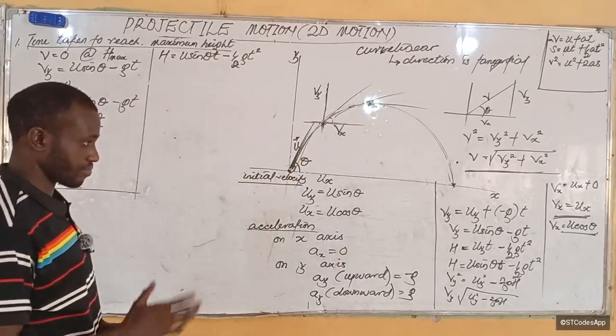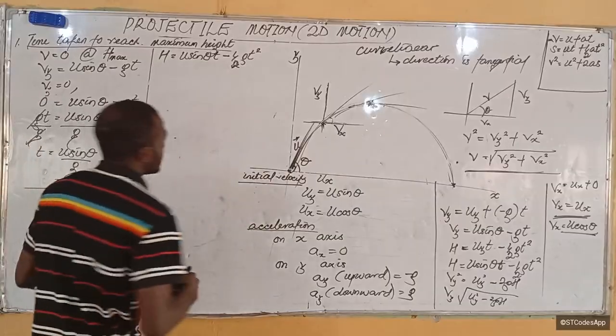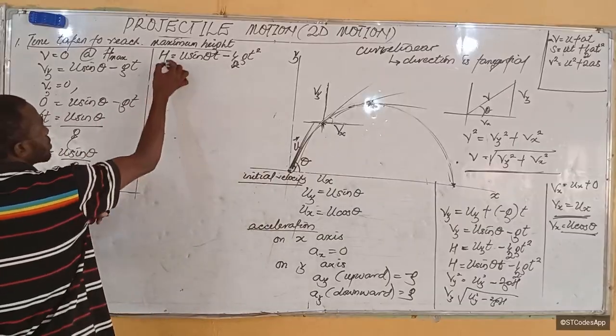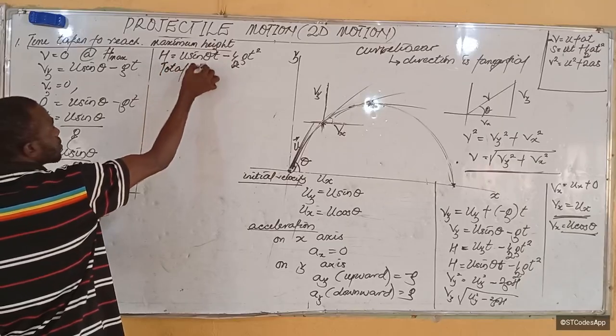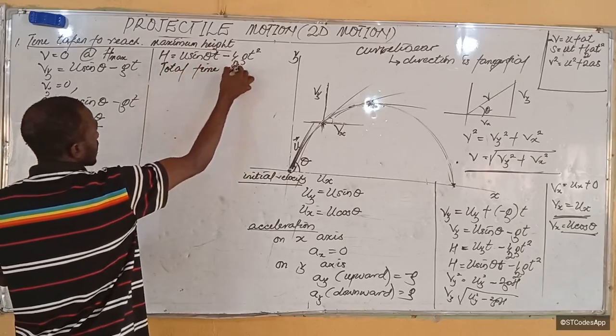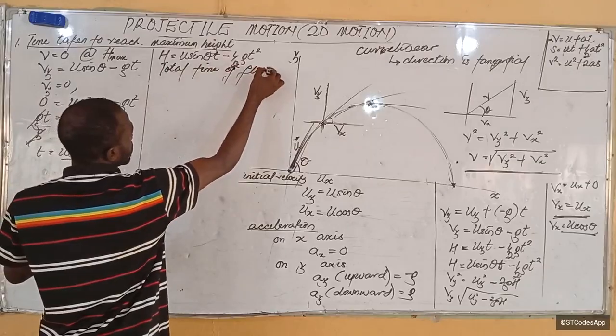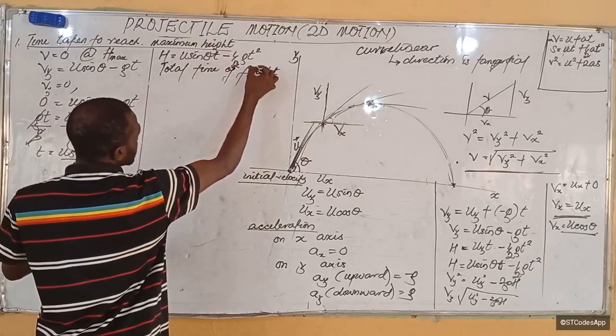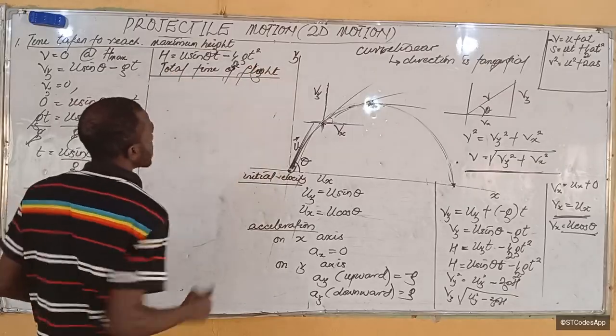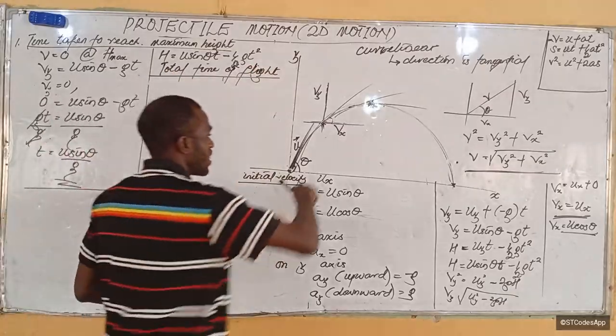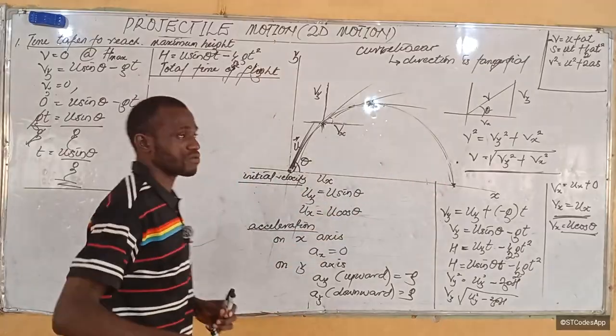All right, now, I was talking about total time of flight. Keep in mind that usually when they tell you time of flight, they are referring to total time of flight, the entire time it used to fly.